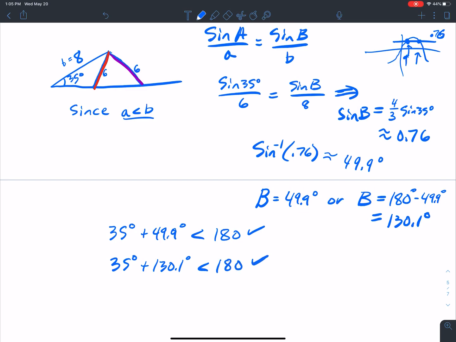So both of those are going to produce triangles. The first one's going to produce a triangle like this, and the second one produces a triangle like that. Side 6, side 8, side 8, side 6. 35 degrees, 35 degrees.